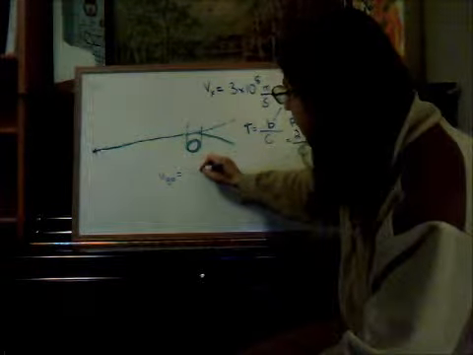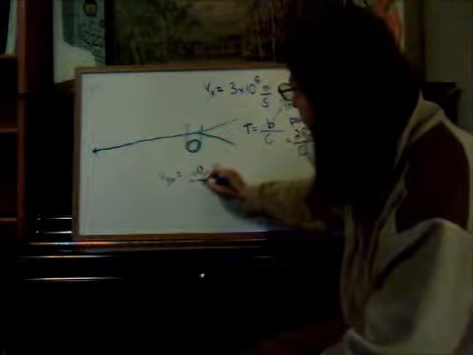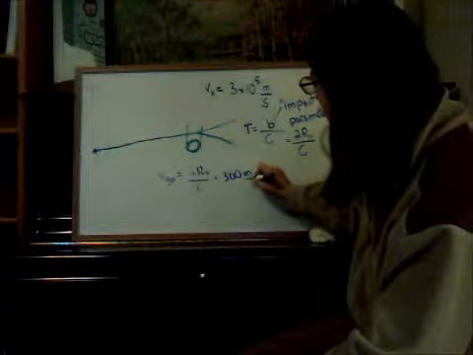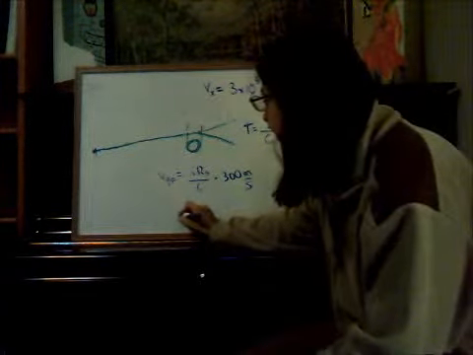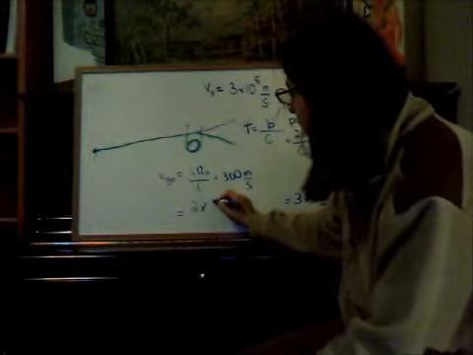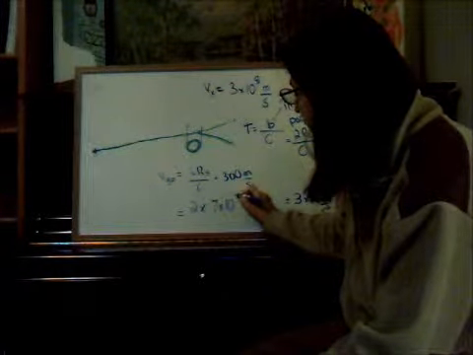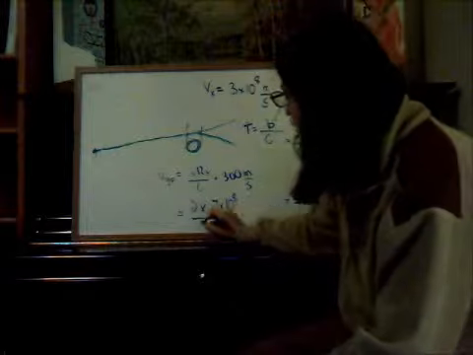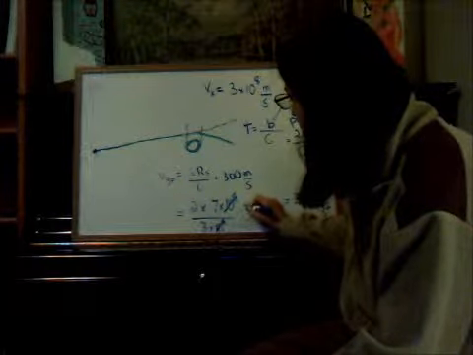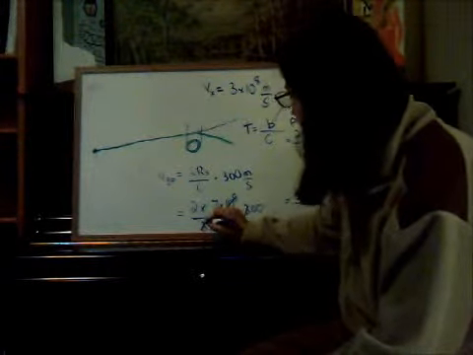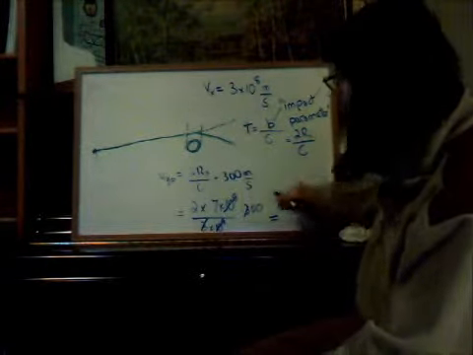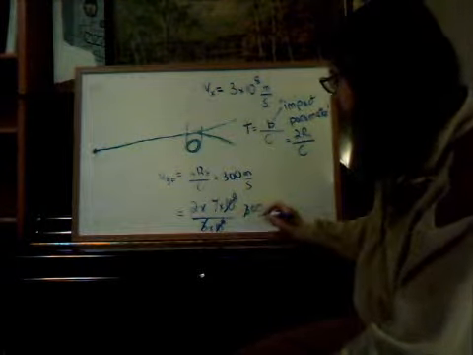So this is 2 times 7, that's 14 times 100.